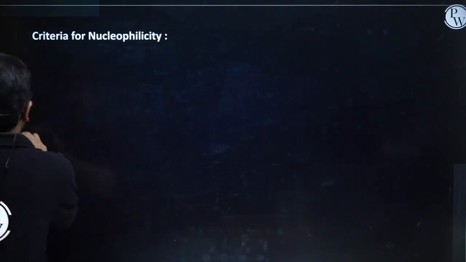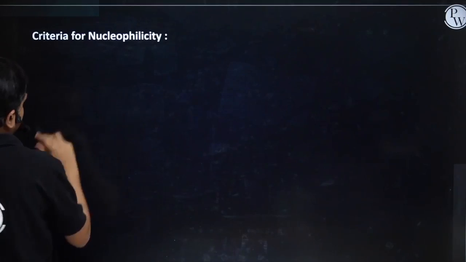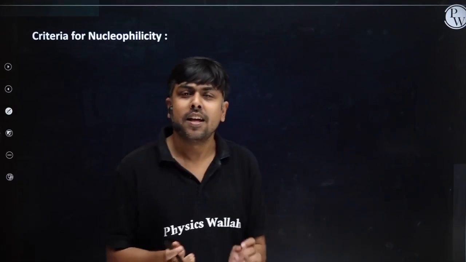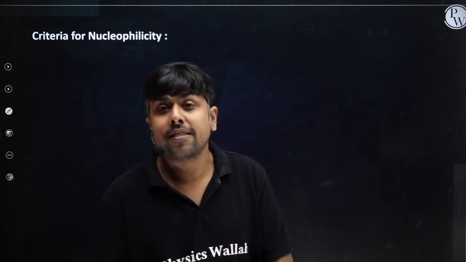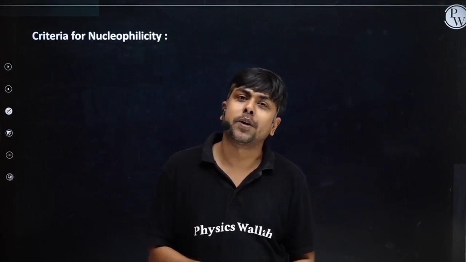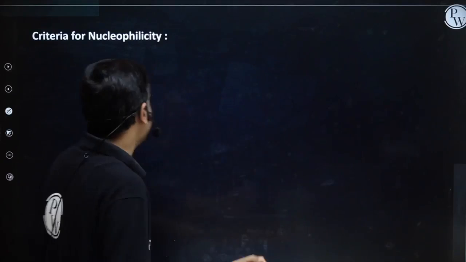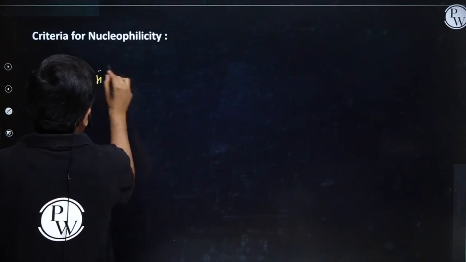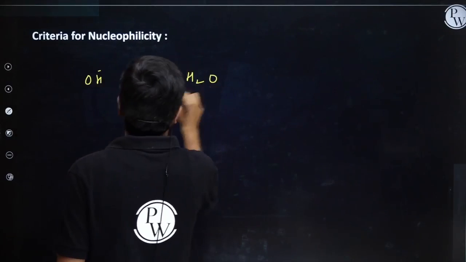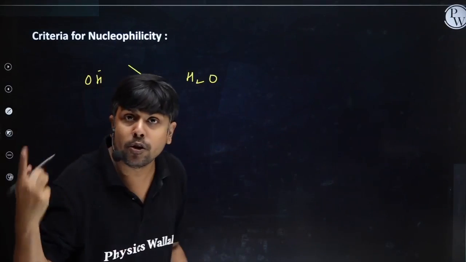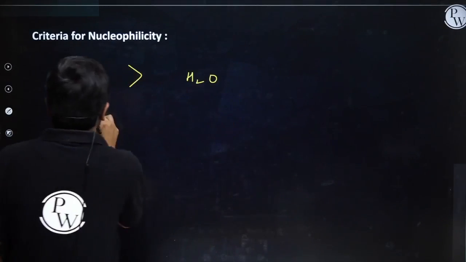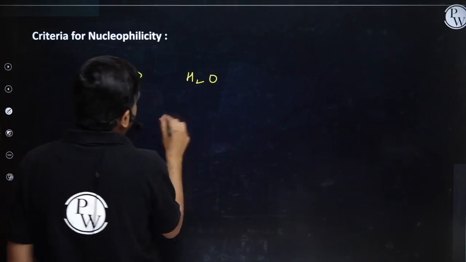First of all, if I talk about nucleophilicity or even basic strength, an anionic species is a better base as well as a better nucleophile as compared to a neutral molecule, like OH minus and H2O. Which one is a better base? OH minus. Which one is a better nucleophile? OH minus. SH minus and H2S.